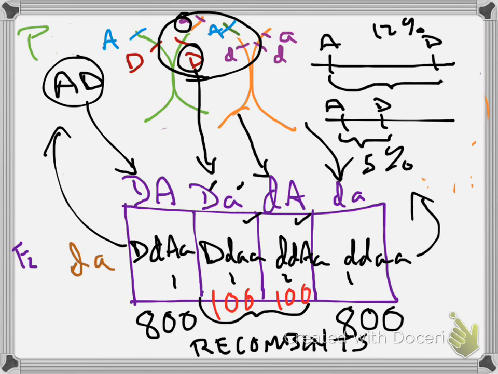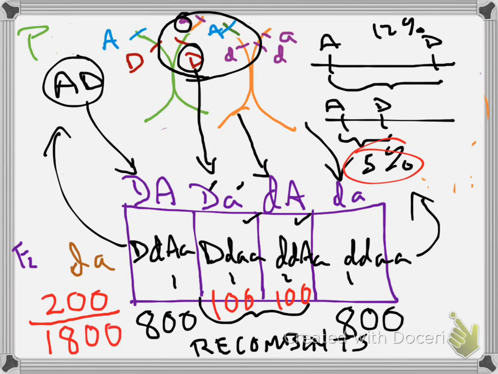Okay, now here's how you calculate these percentages. You add the recombinants, the total number of recombinants, over the total number of offspring. All right, and so this would be 200 over 1,800 total offspring, right?